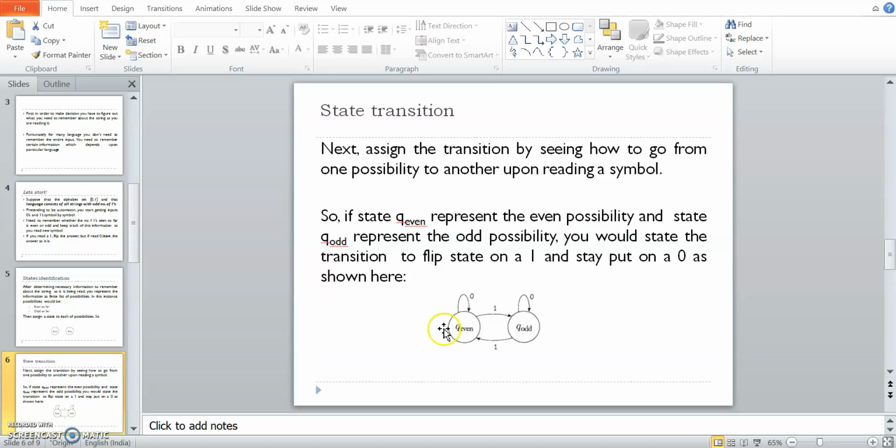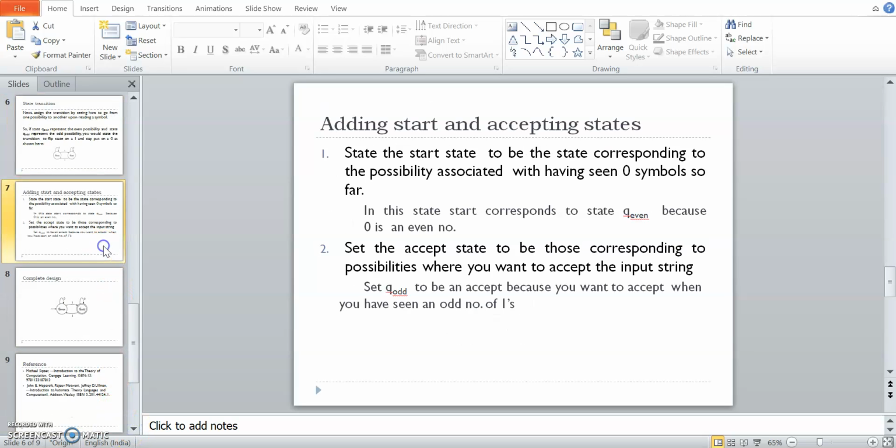But where to start? Which of these two states is the start state and which one is the final state? How do I conclude that? The next part is adding the start state and the accepting or final state. The start state is the state corresponding to the possibility associated with having seen 0 symbols so far. That means the initial state, where nothing has been seen yet. The start state corresponds to Q even because 0 is an even number.